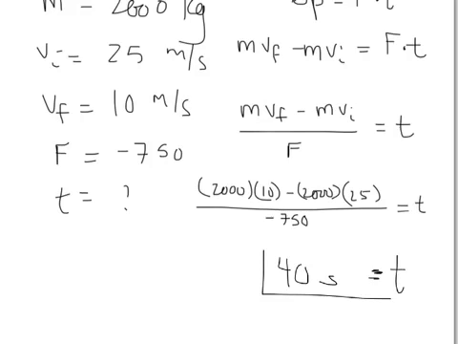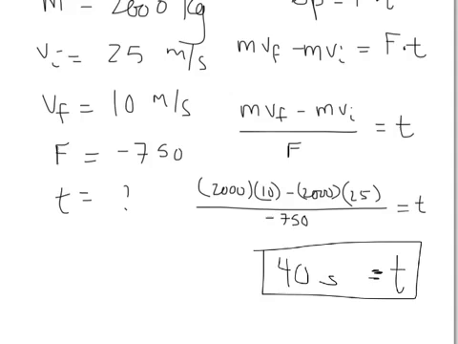40 seconds. So if you were driving and the braking force were at 750 newtons, 40 seconds to come to rest. So, realistically speaking, do you think the braking force is only 750 newtons? No, it's probably a lot higher than 750. So, hypothetically speaking, try a number like 3,000 in your denominator and see what you get for a time now.